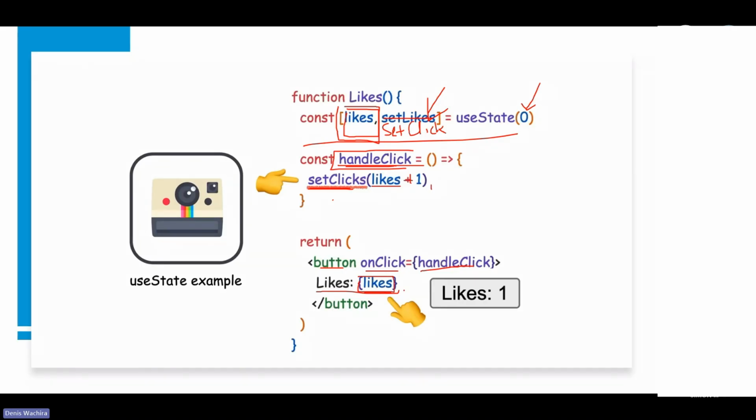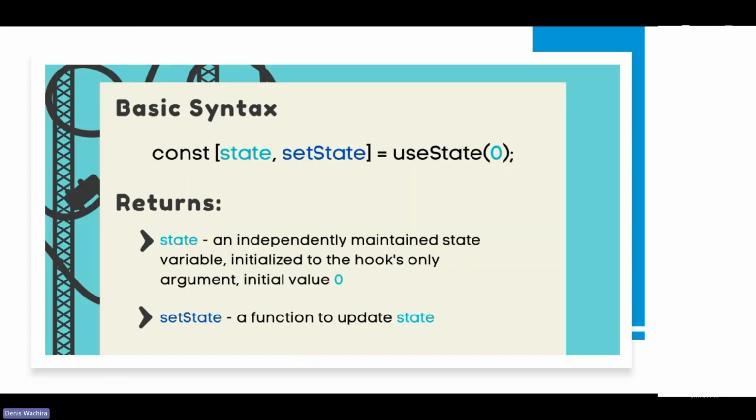So if it will be 0, then add by 1, by 1, by 1, by 1. A quick recap of the basic syntax: you call useState by importing it from React. It's a named export, so you need the curly braces there.